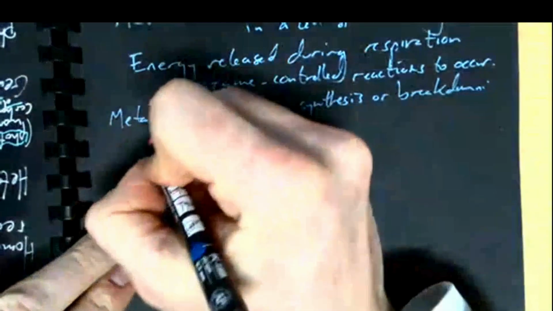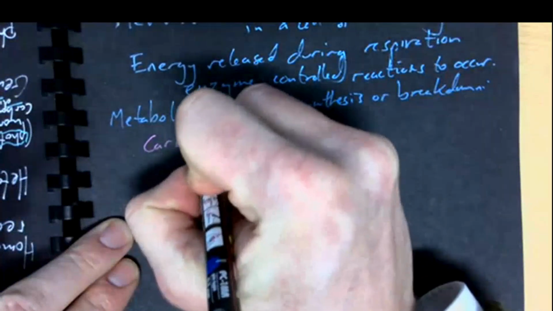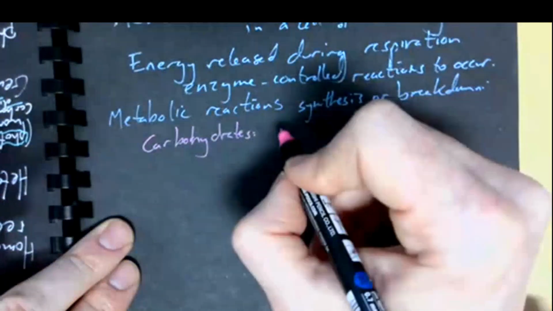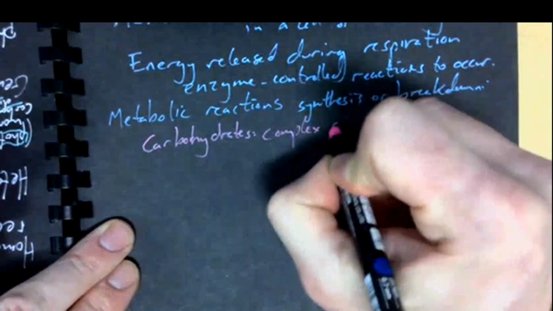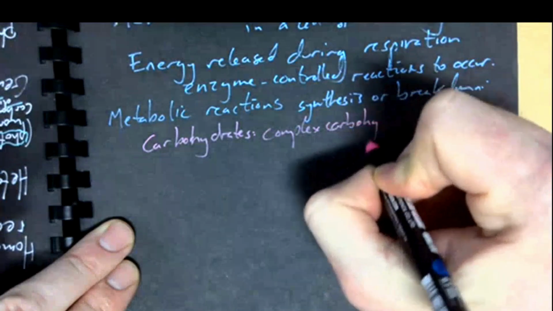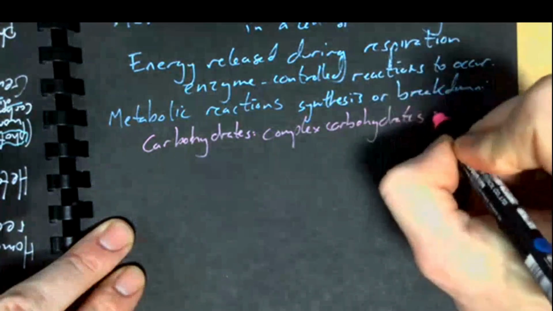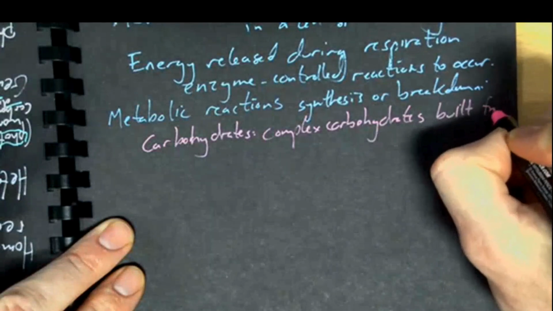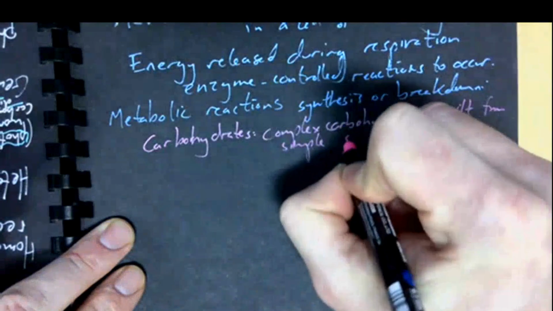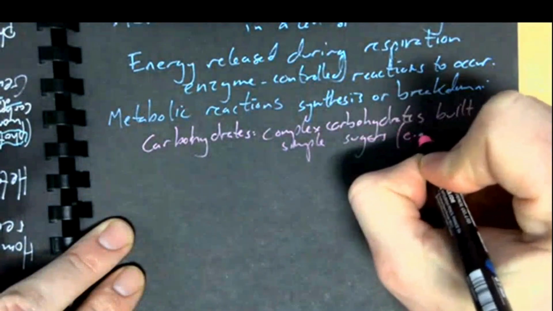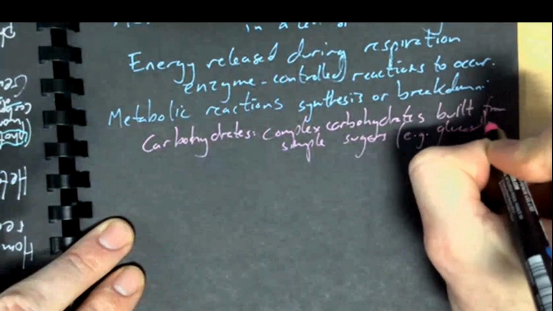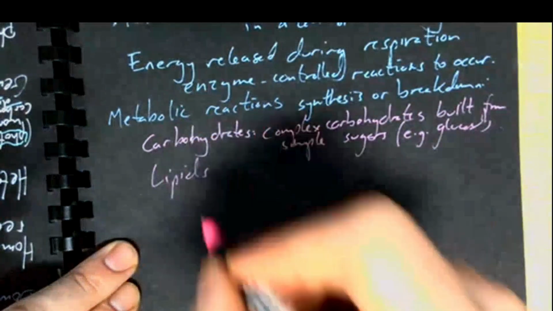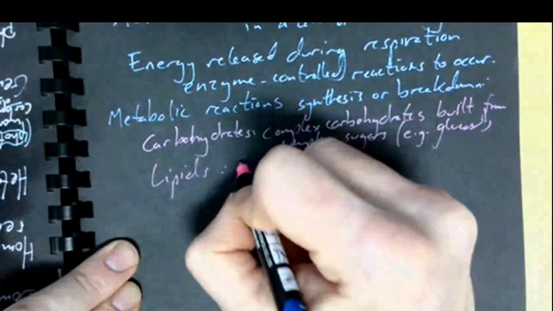We could have carbohydrates, and more complex carbohydrates can be built from simpler sugars like glucose, or lipids. And these are built from fatty acids and glycerol.